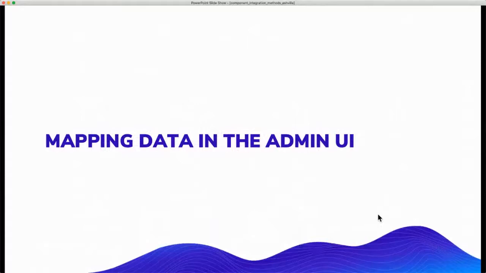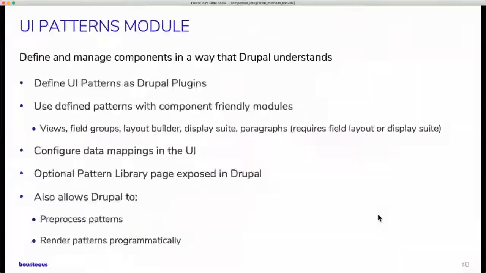And then those patterns can be used with component-friendly modules like views and field groups, layout builder, paragraphs, display suite. And then when those patterns are available, it allows you to configure the mappings in Drupal's admin UI rather than doing it in a Twig template or preprocess in code like we saw before.